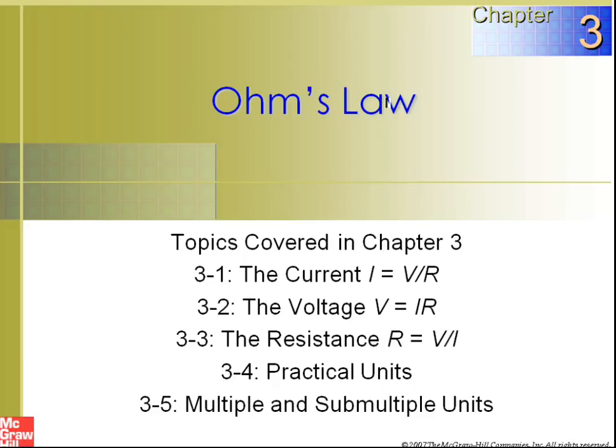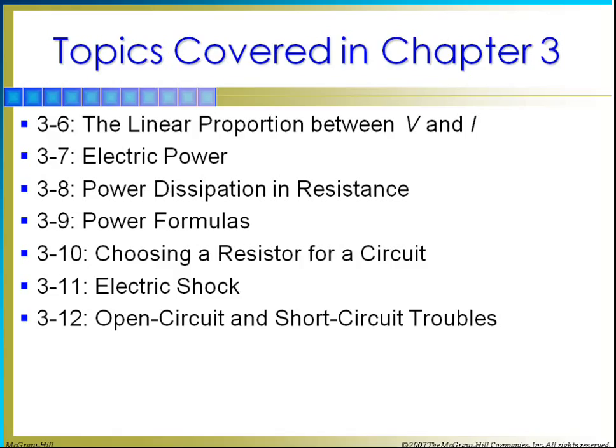All right, after resistors came chapter 3, which is Ohm's law. And of course, we discussed basic Ohm's law. We talked about the proportionality between voltage and current and resistance. We talked a little bit about electric power.